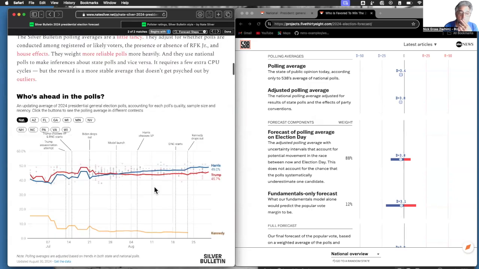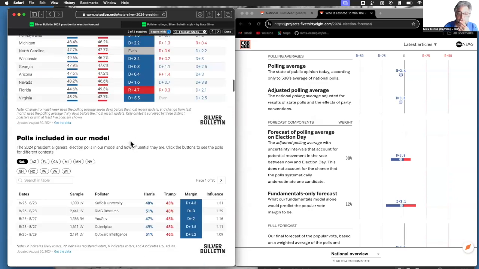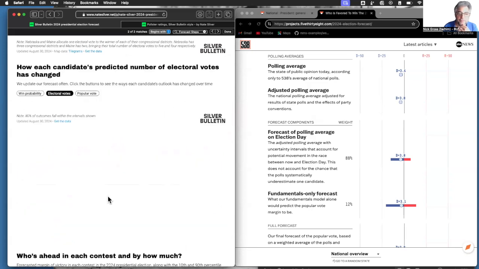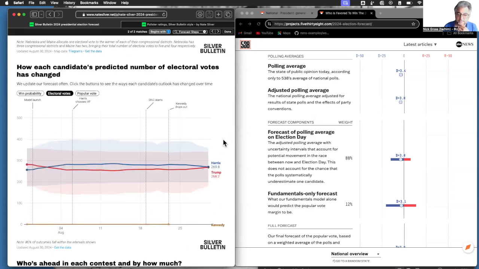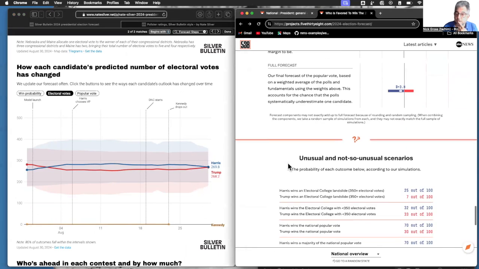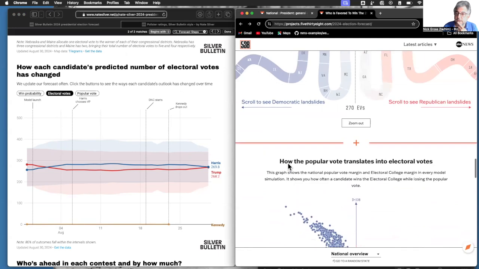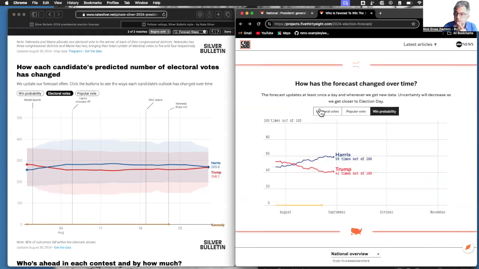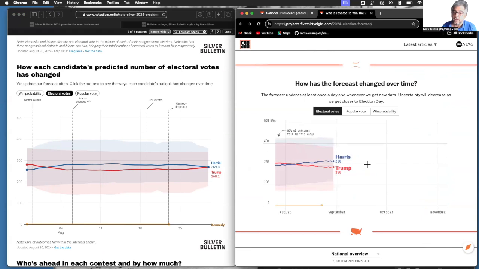And so if you switch over to the electoral college vote probability, you see it's very close here in Nate Silver's model. It's a little bit less close in the 538 model.